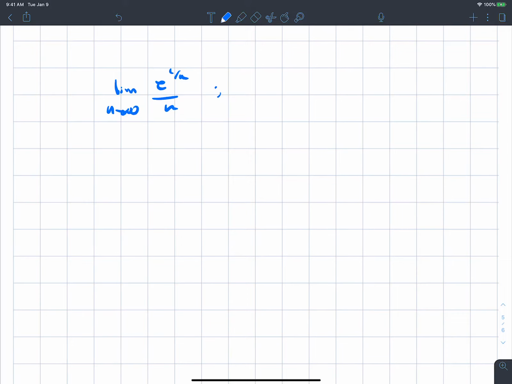Now, here's what I want to say. As n gets big, we have 1 over n goes to 0, which is e to the 1 over n goes to e to the 0, which is 1. So my numerator goes to 1 as the denominator gets big and goes to infinity.